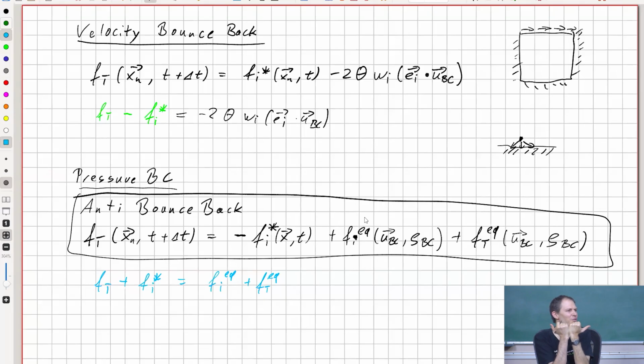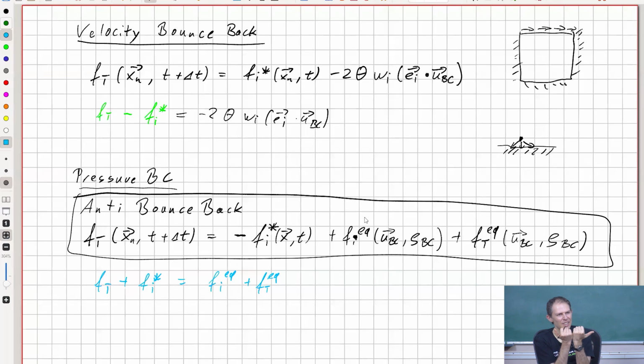What components of velocity would that actually have? So in the equilibrium, there's a linear part of velocity, and then there is velocity square, right?